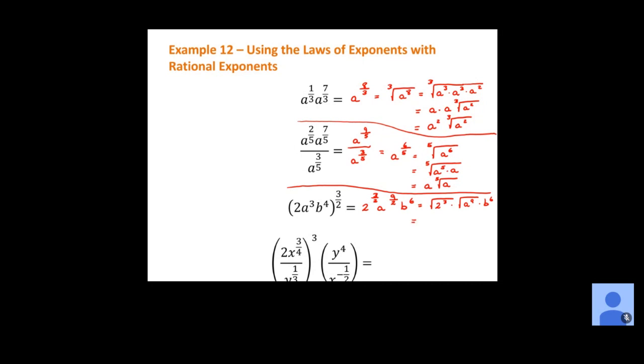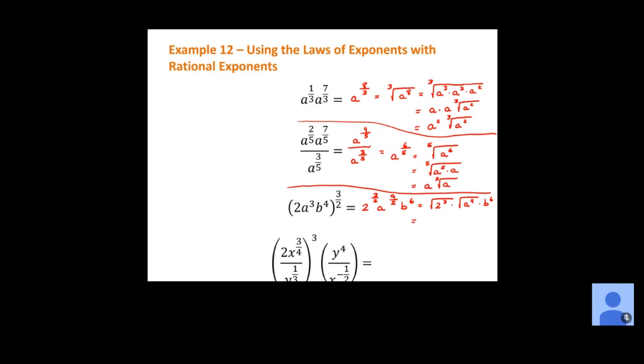All right, now we want to rewrite these so we can actually take square roots out. So what's 2 to the 3rd power? It's going to be 8, right?